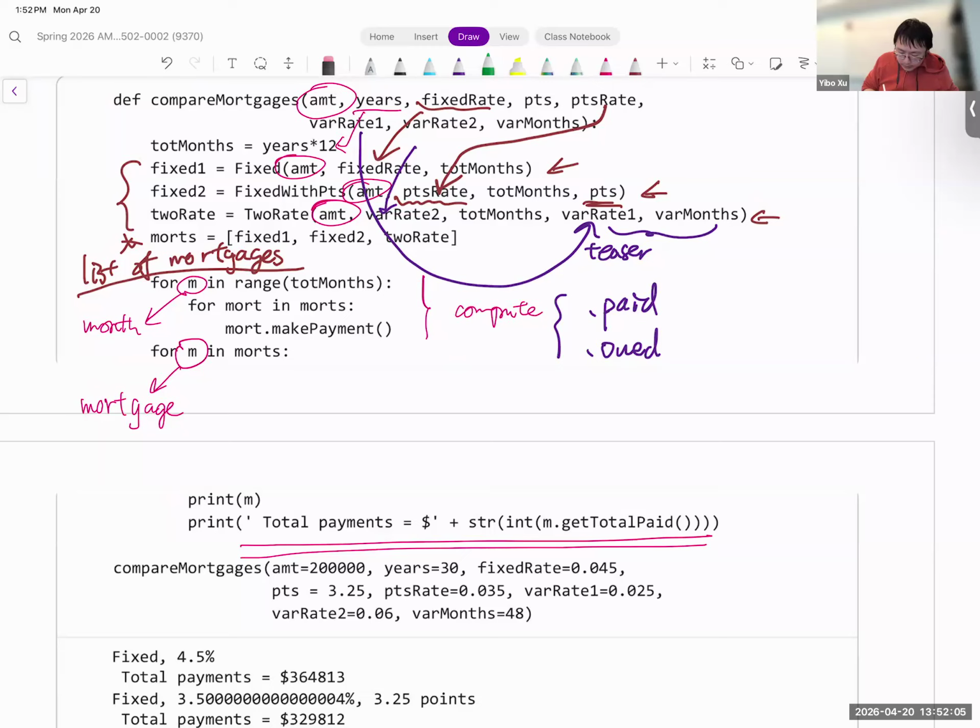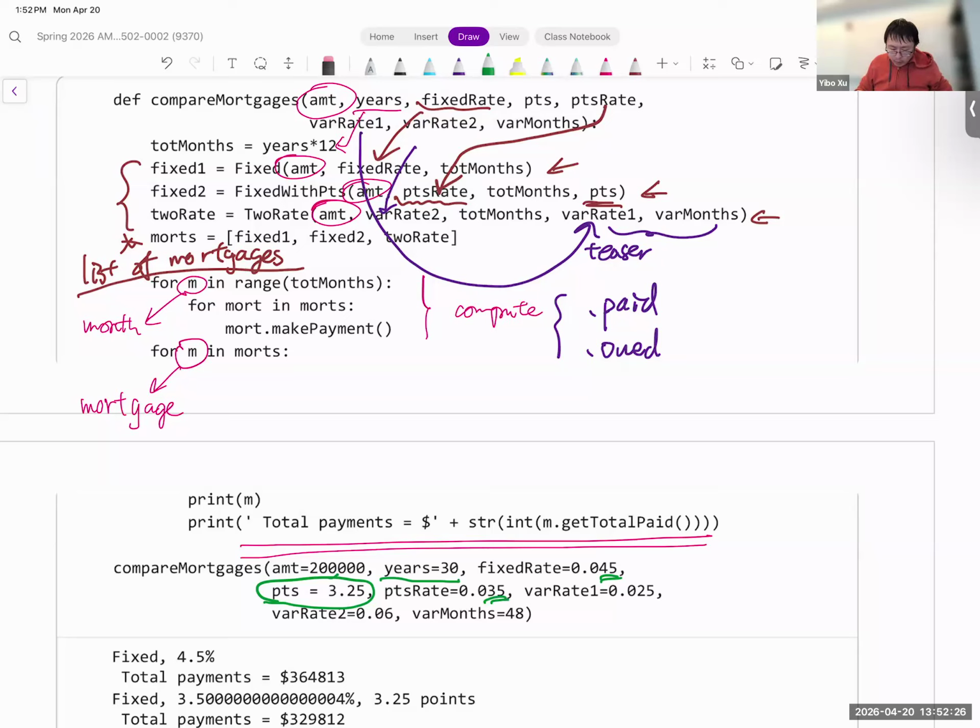The loan is 200,000, right? The total number of years is 30 years. So we are comparing the fixed rate of 4.5%. We also have 3.25 percentage points that we can put down to decrease the interest rate to 3.5%, right?